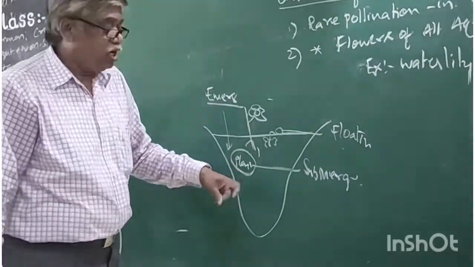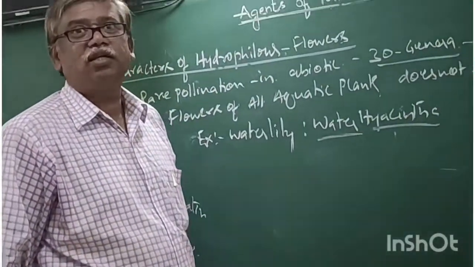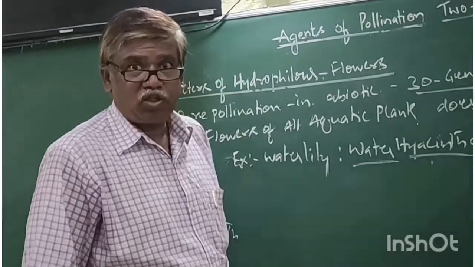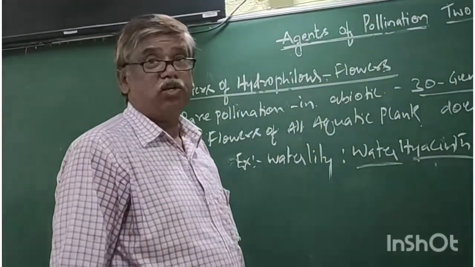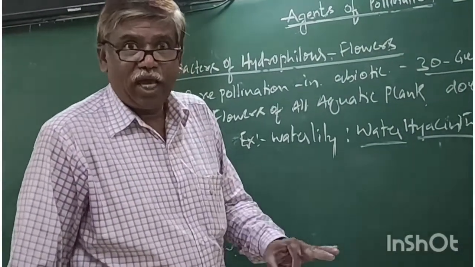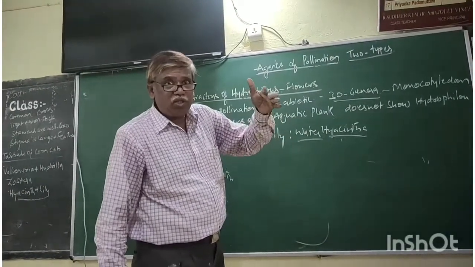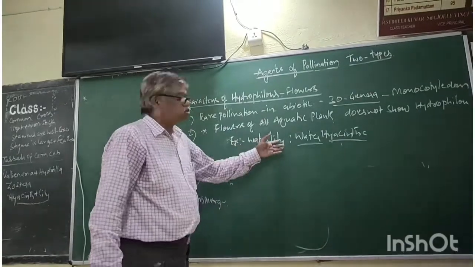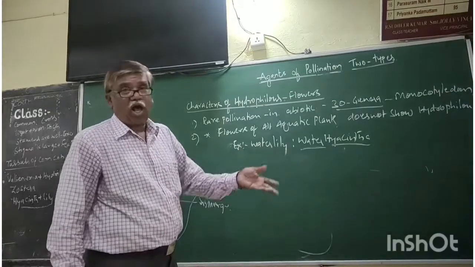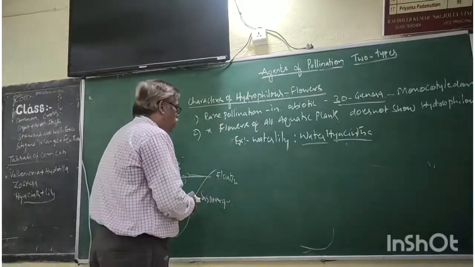So even though it is an aquatic plant like water lily or water hyacinth, it does not show hydrophily, because their flowers emerge out above the water surface. Generally in these too, pollination is by insects or wind, but not water. Okay.